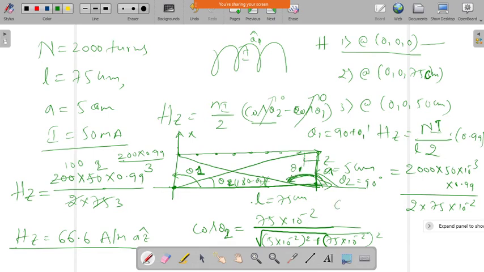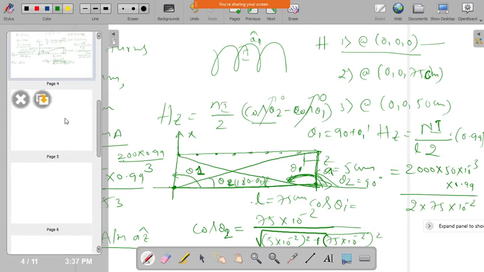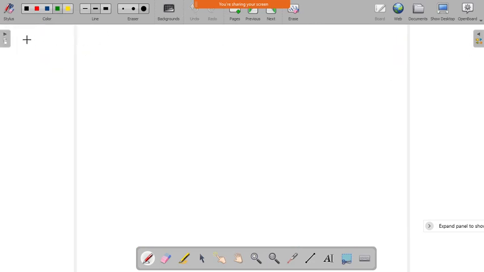Now we can find out what is theta 1 dash, in terms of cos theta 1 dash. If I write it on another page, it will be understood easily. So we have to find out the H at 0, 0, 75 centimeter. Similarly we can draw that figure.